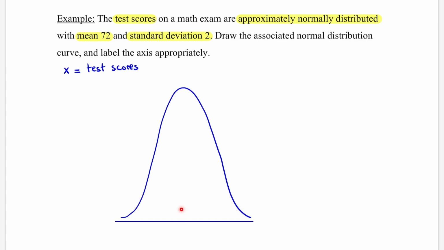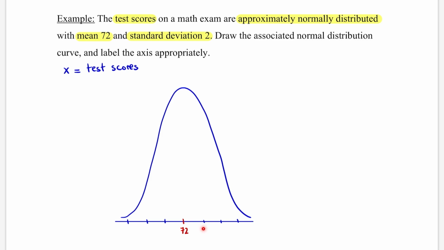My mean is at the peak. 72 is right here. The majority of my test scores are within 3 standard deviations of the mean. This number is 1 standard deviation above the mean. To find this number, I take 72 plus 1 standard deviation.